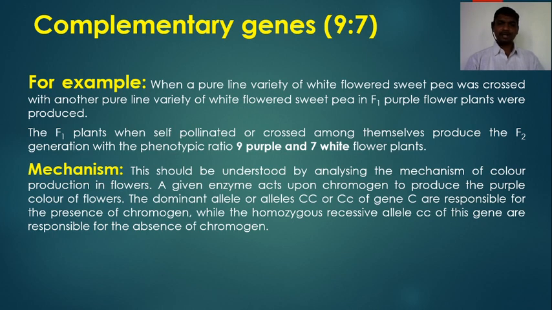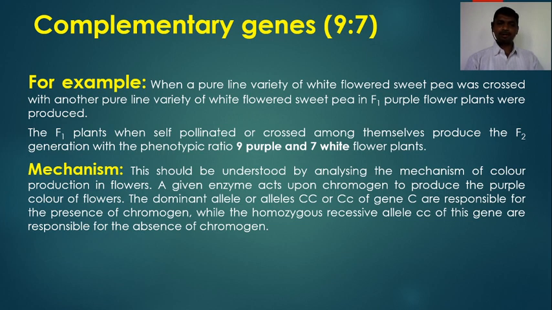The dominant allele or alleles, capital CC or capital C small c, of gene C are responsible for the presence of chromogen, while the homozygous recessive allele, small cc, of this gene is responsible for the absence of chromogen.